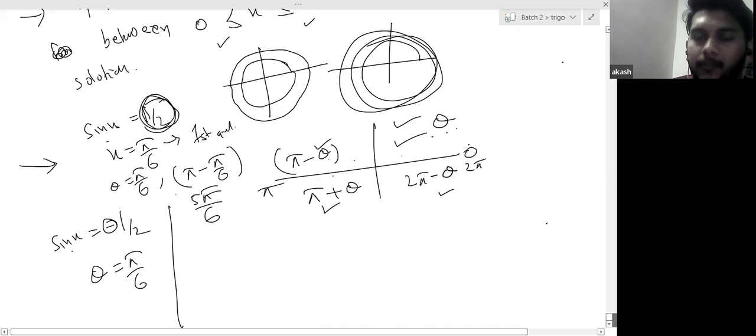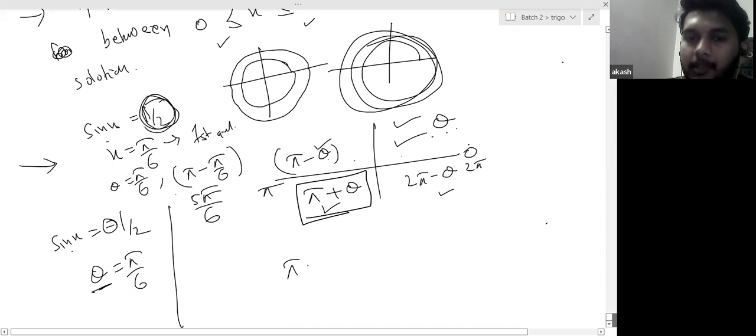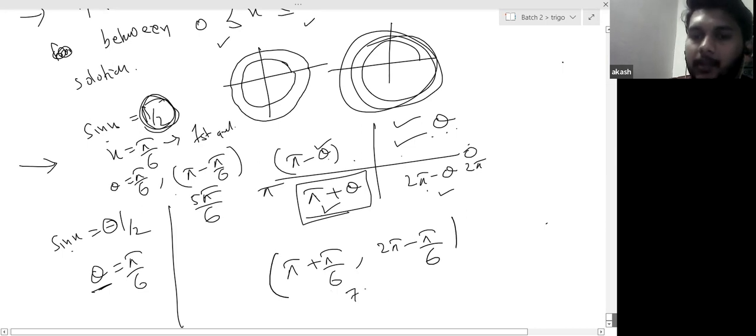I told you for the second and first. So you know the value of theta is pi by 6. In the third quadrant, pi plus pi by 6. In the fourth quadrant, 2 pi minus pi by 6. So these will be your two answers, 7 pi by 6 and 11 pi by 6.